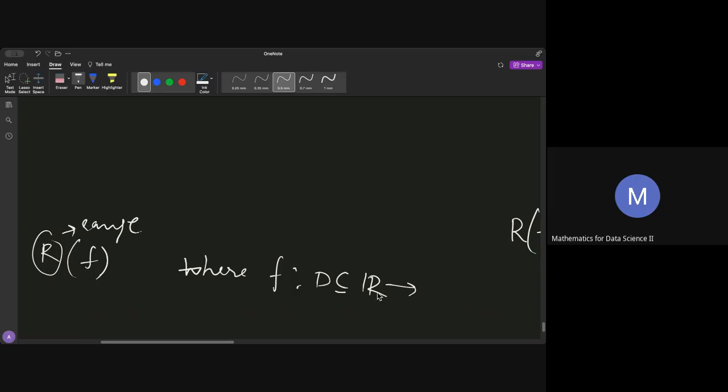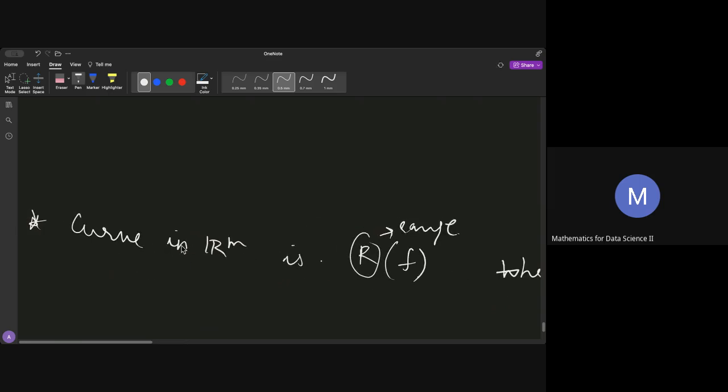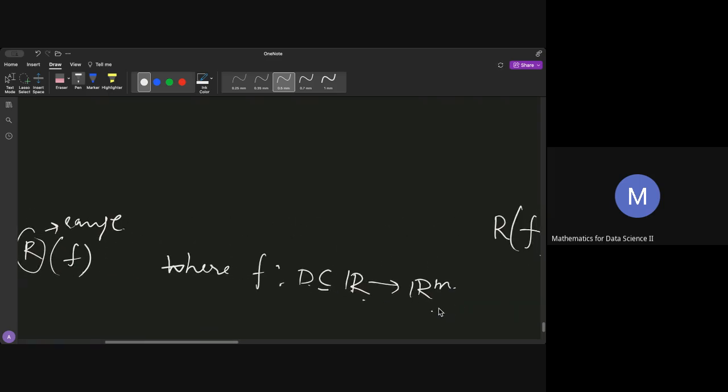It can be from R as well. You can take it from a domain in R to Rm. So the domain should be a subset of R and the codomain should be Rm. If I say this is a curve in Rm, then this should be Rm.